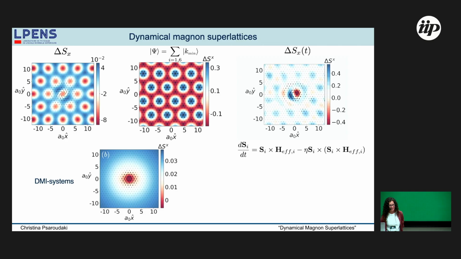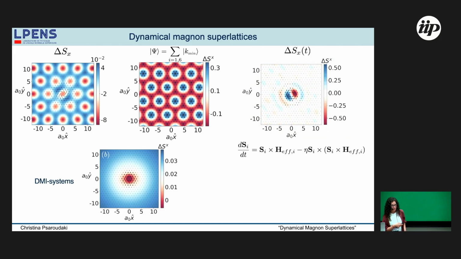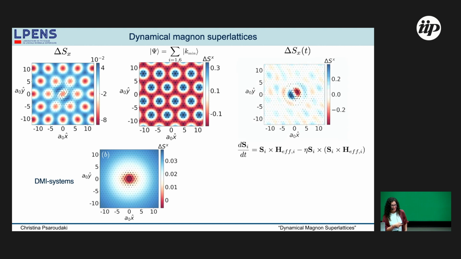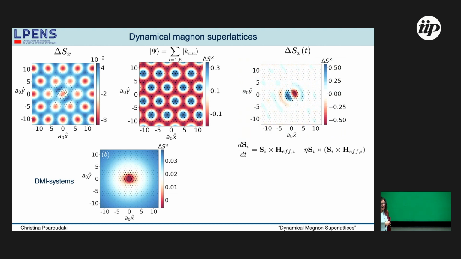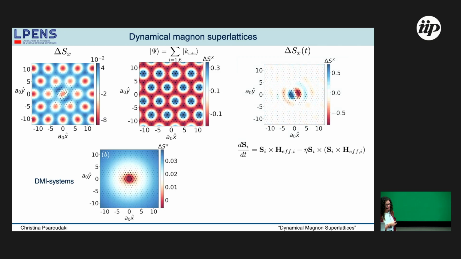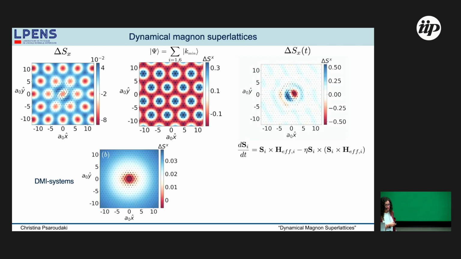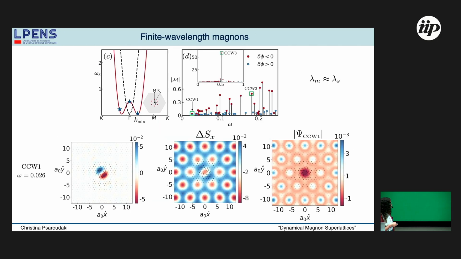Related question: what controls the periodicity? The wavelength of the extended states, the traveling states that are superimposed. We have these normal modes that live here. This is the dispersion relation of the extended states, the scattering states.